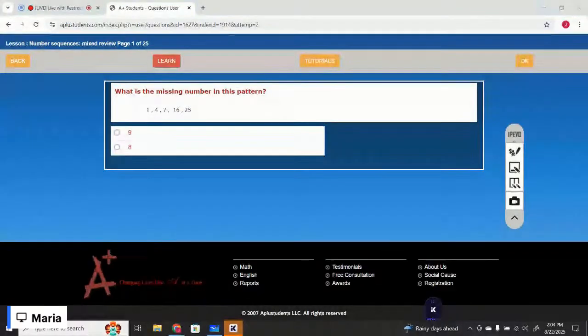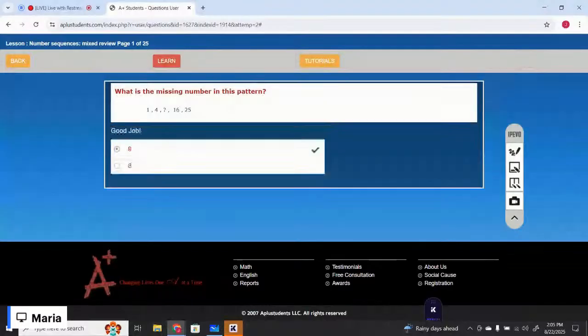Then we have the missing number, 16 and 25. So the missing number is the square of 3. That is 3 squared equals 9. Is 3 correct?